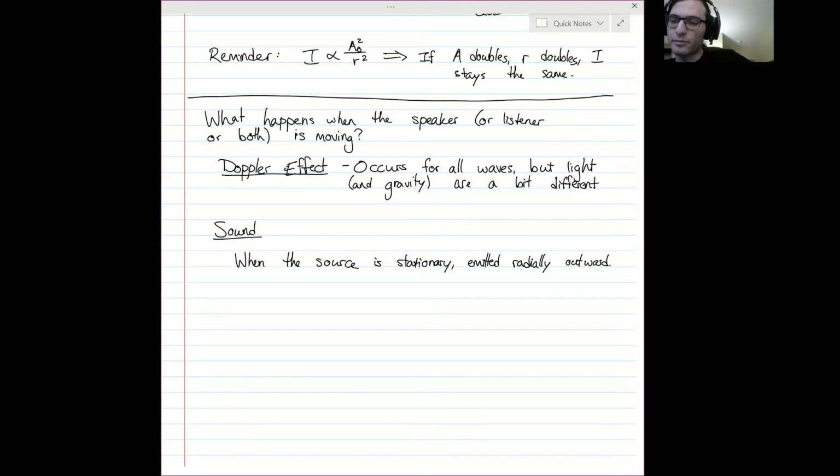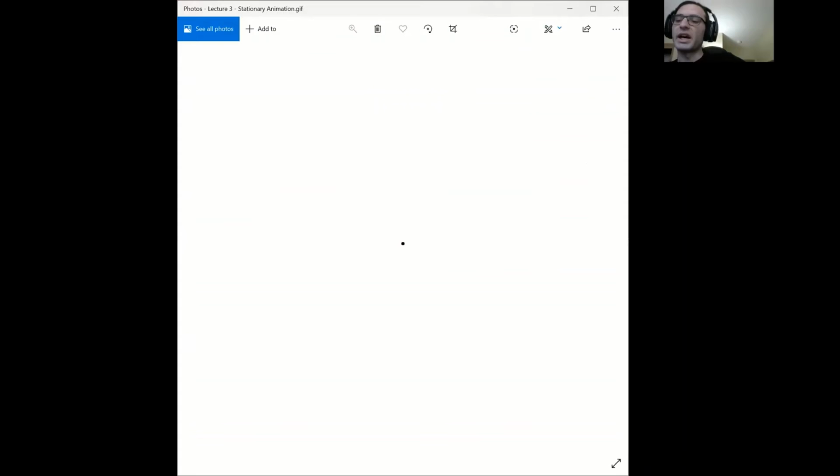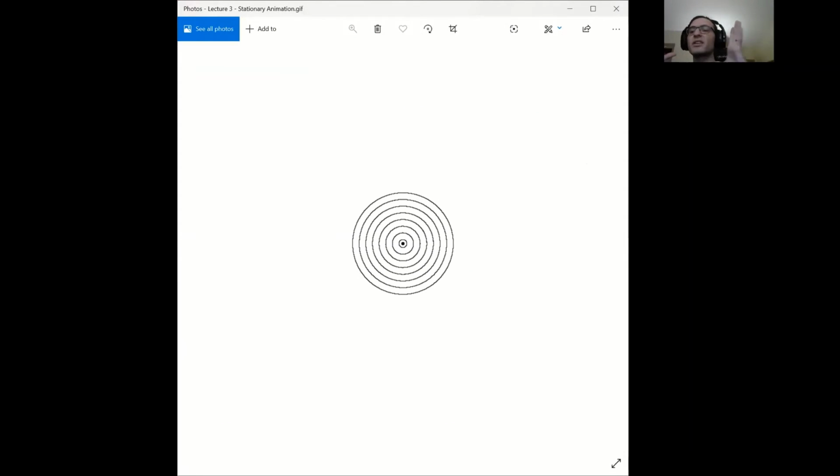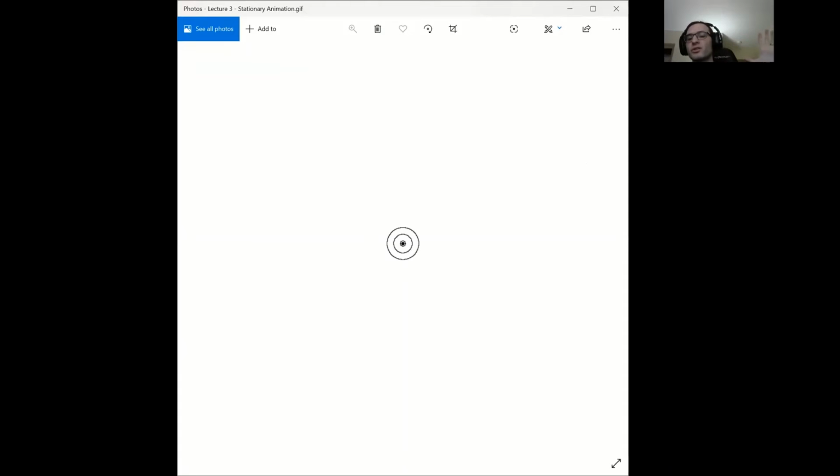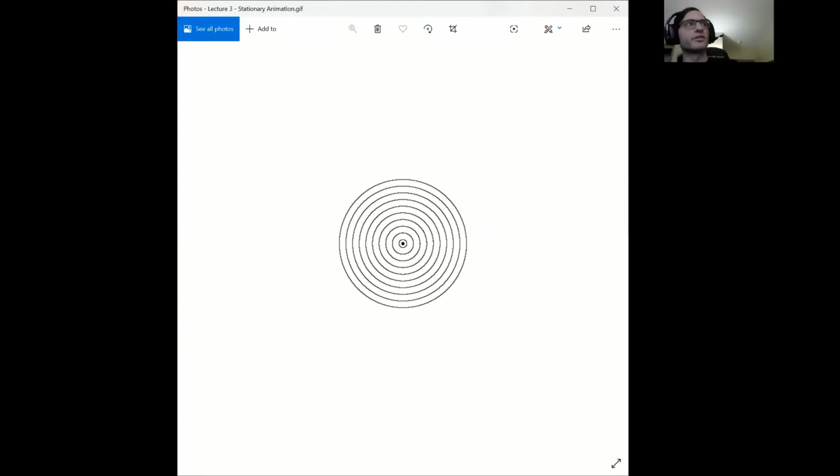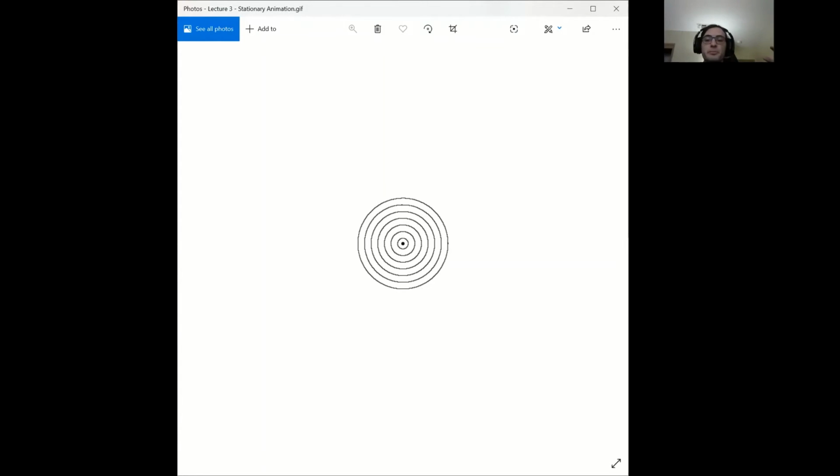Just imagine that black dot in the middle is a source. It's emitting sound waves, and they go in all directions, perfectly spherical. In this case, they're circular because it's 2D, but imagine that it's emitting spherical waves. That's all that's happening. The distance between any 2 wavefronts is always the same. That's important, right? This is completely intuitive.